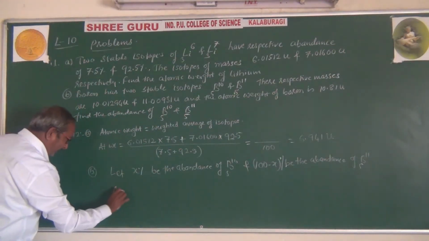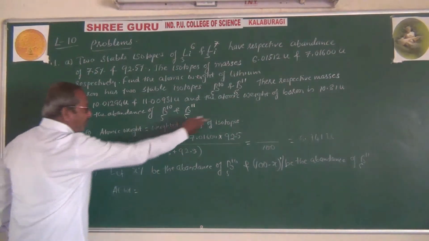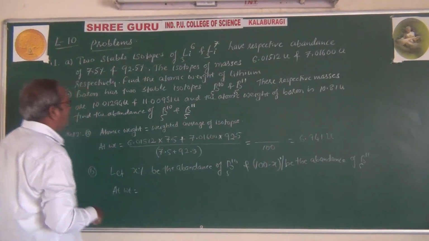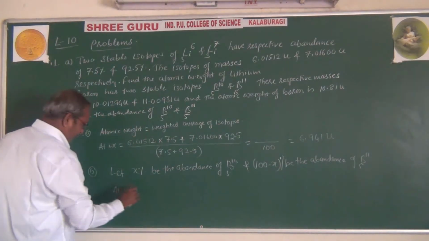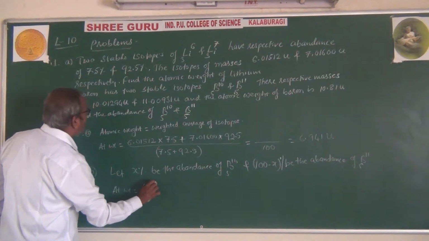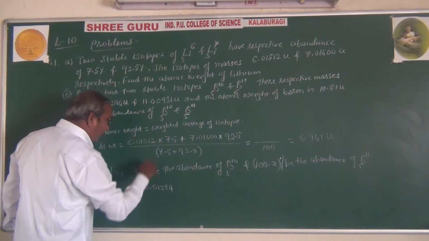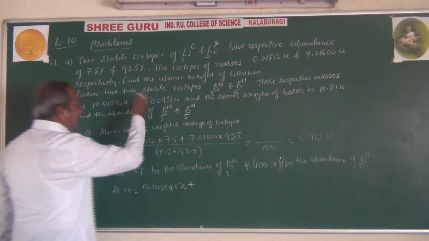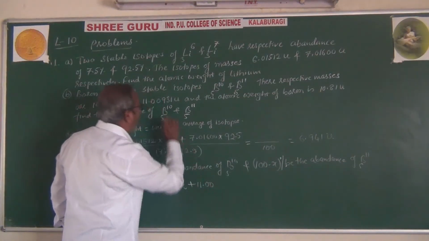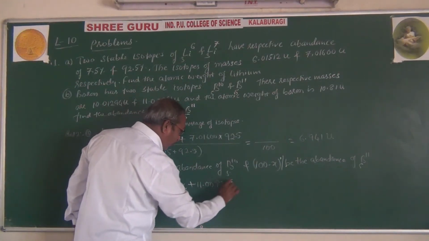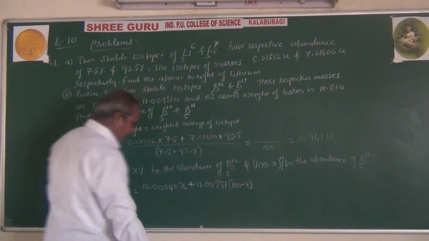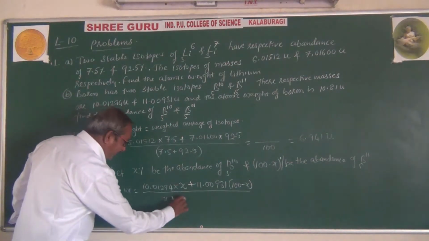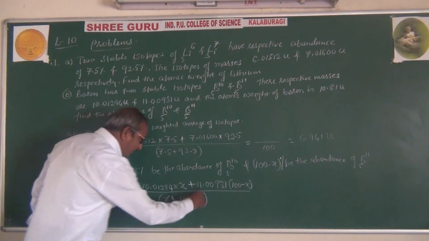Here the mass of one isotope is 10.01294 into its abundance x, plus the mass of the other isotope, 11.00931 into 100 minus x as its abundance, divided by x plus 100 minus x, and this gives 100 as the x cancels.